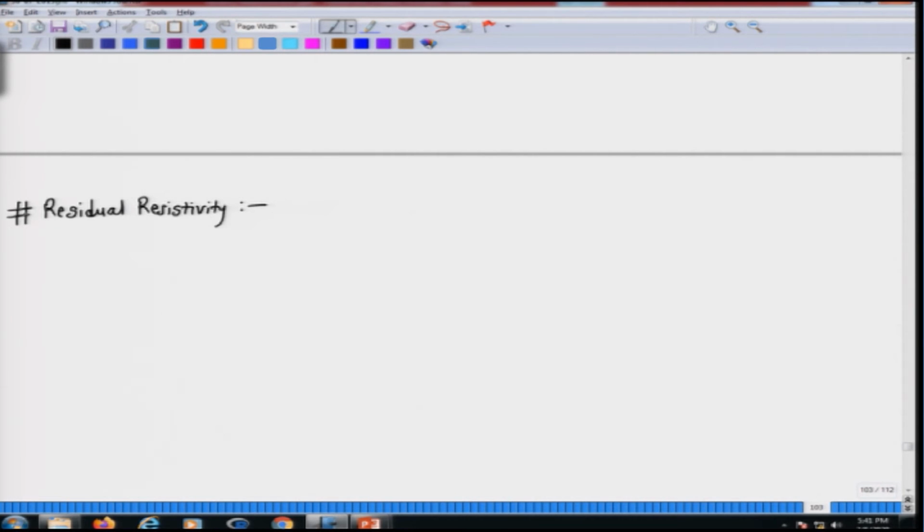As the name suggests, this technique relies upon measuring the resistivity of a sample and relating it to the vacancy concentration. The resistivity of a metal basically has different contributions.